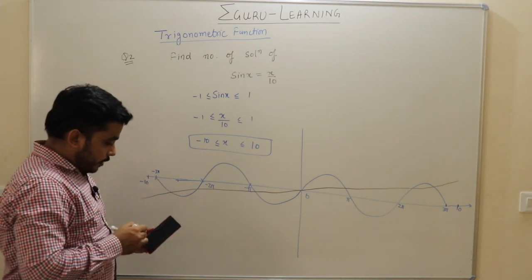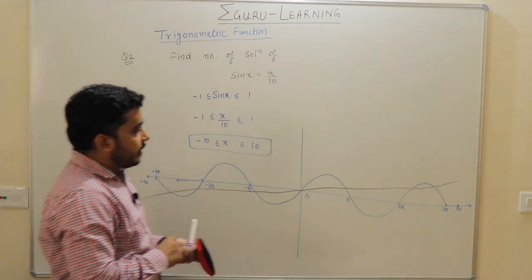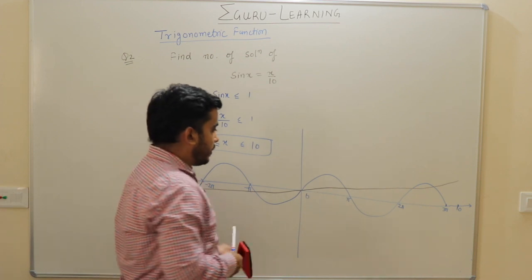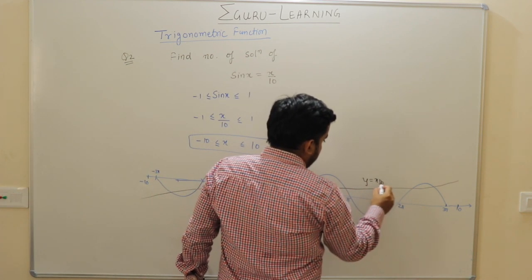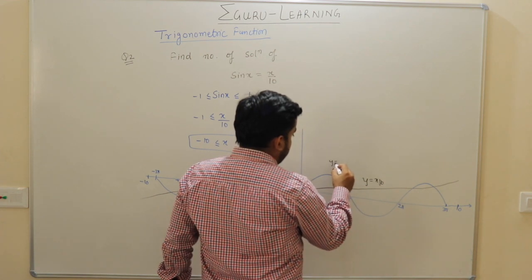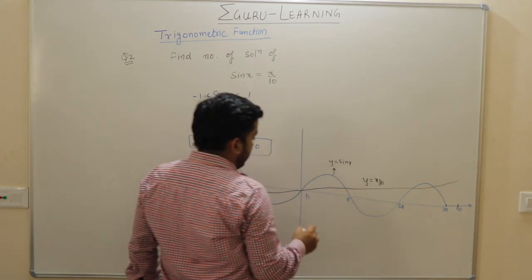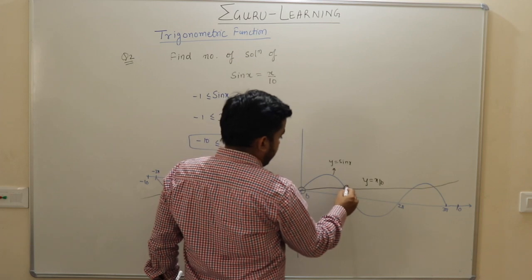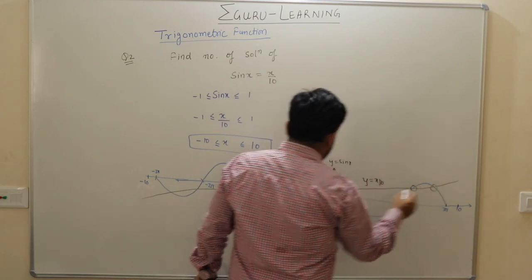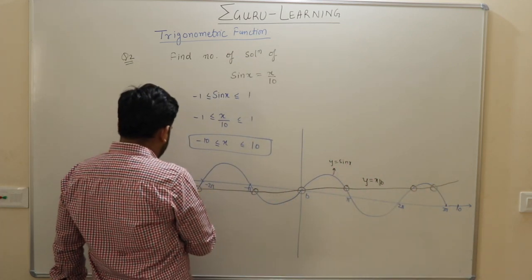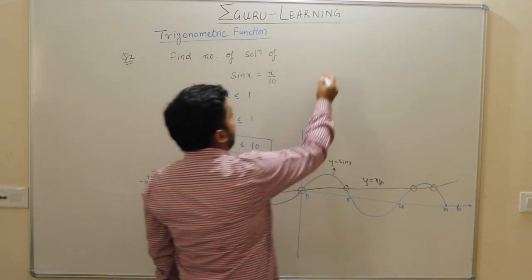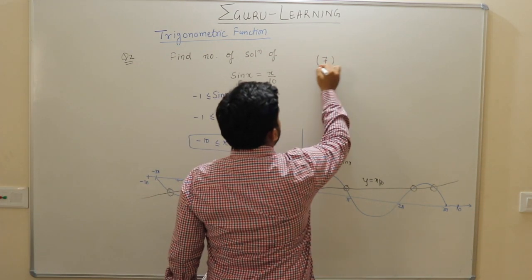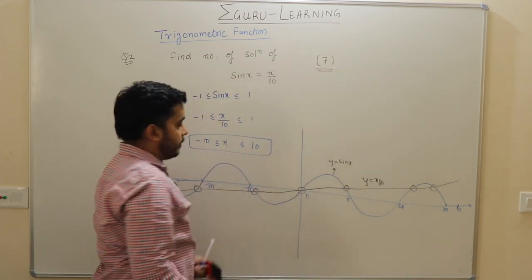Now we just check at how many points the graph of y equals x by 10 and the graph of y equals sin x meet. One solution is this, second is this one, third, fourth, fifth, sixth, seventh. So the number of solutions is 7, and the answer to this question is 7.